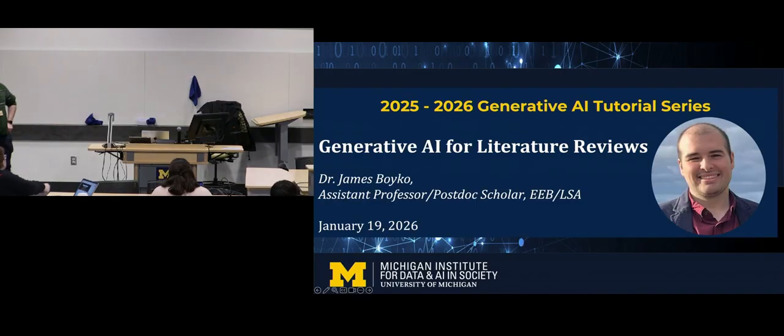So I do want to focus a bit more on the conceptual things, how we go through a literature review and how GenAI can assist. But I will be highlighting specific tools. I'm not trying to sell you on any of these particular tools. I'm not being paid by any of them. I'll highlight the one that the University of Michigan has an enterprise account on. That's the one that I use most. We'll get to that towards the end. But I want to highlight a broad swath if I can.